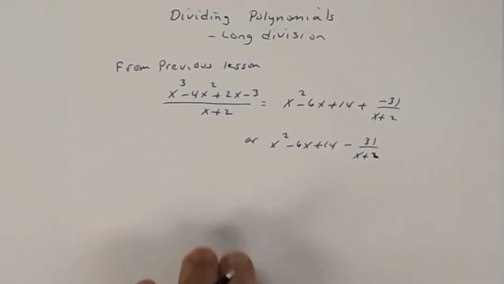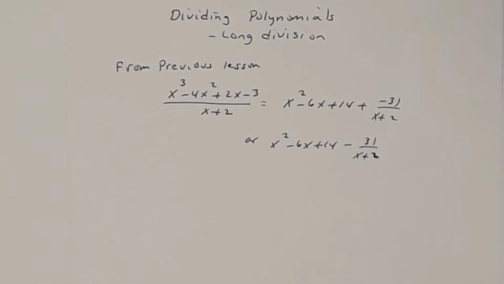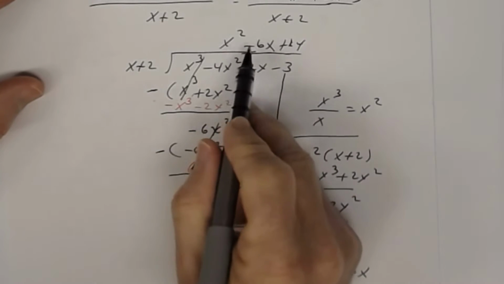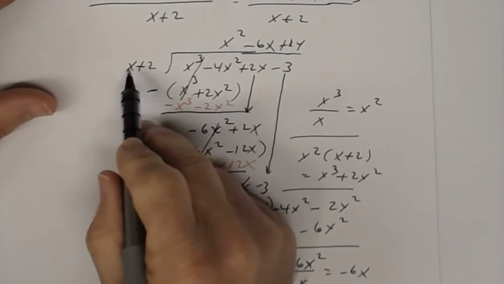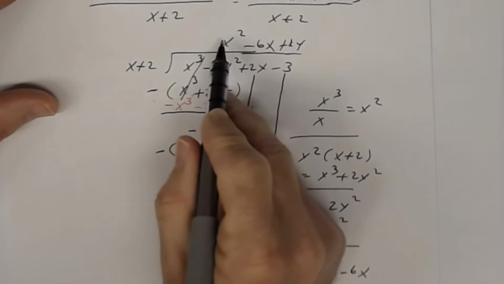Okay, now the point here is this. I just want to remind you about a couple of things. If we go back to that problem I was mentioning earlier, remember, this is the quotient. When you divide a polynomial, this is the divisor, this is the dividend, this is the quotient.